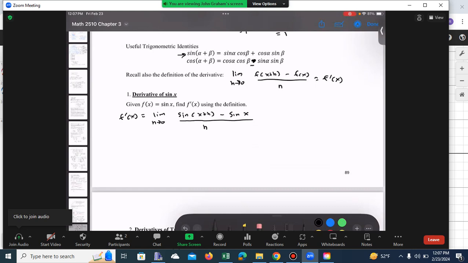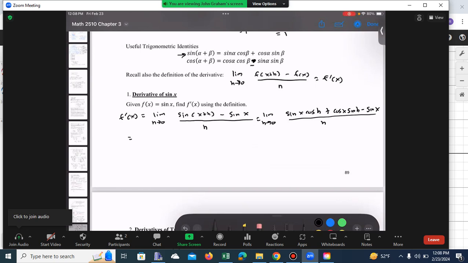So we can write this as the limit as h goes to 0 of sine of x cosine h plus cosine x sine h minus sine x, all over h.